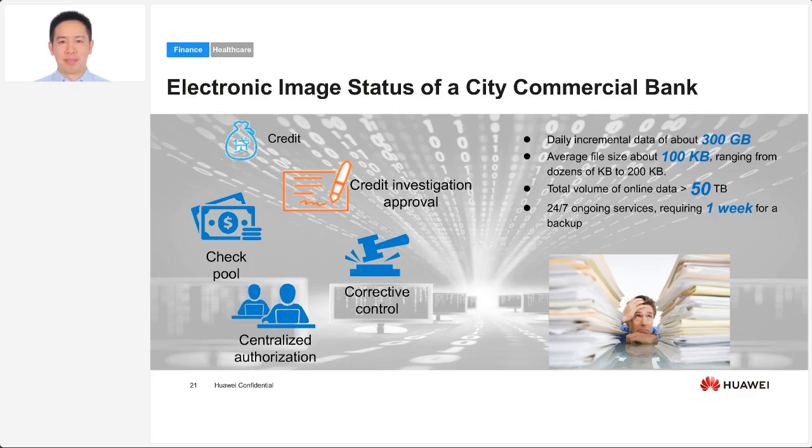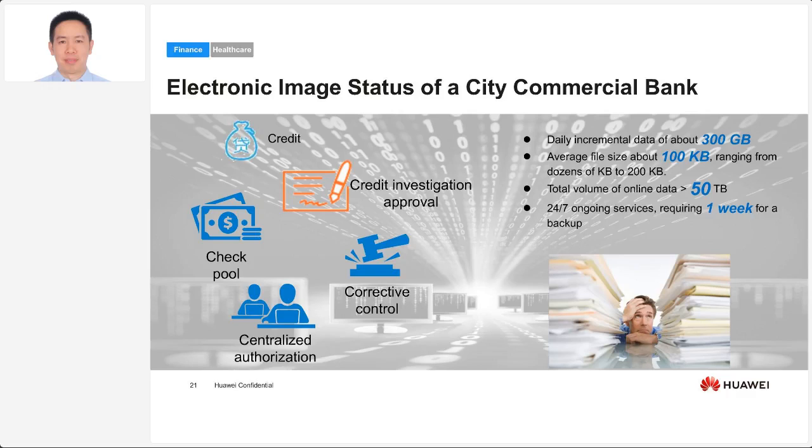The 24/7 ongoing service requires one week for the backup. So this will include the credit check pool, credit control, and centralized authorization, which supports all the credit approval improvements quickly.